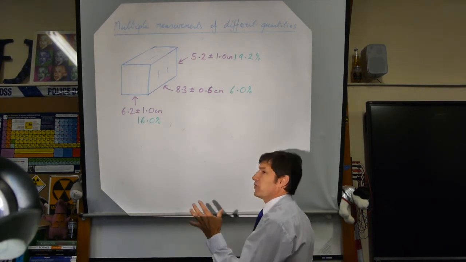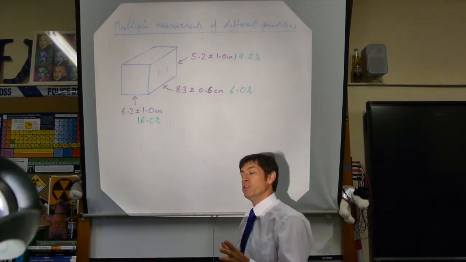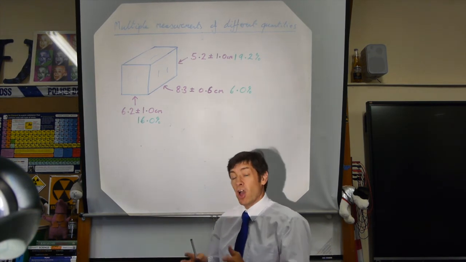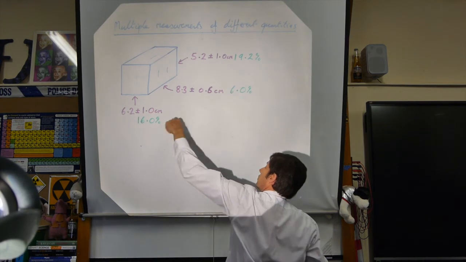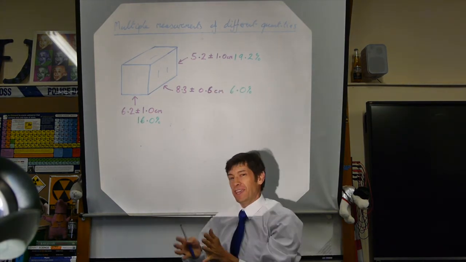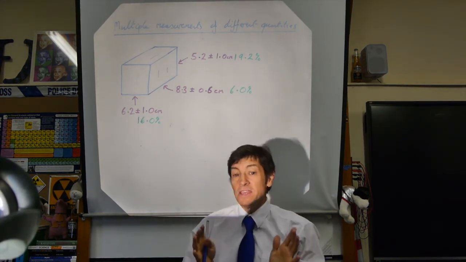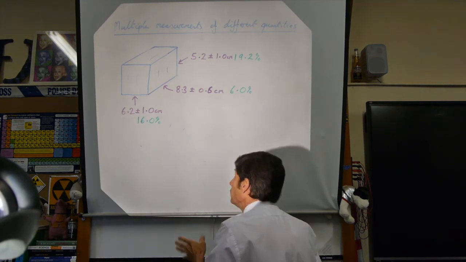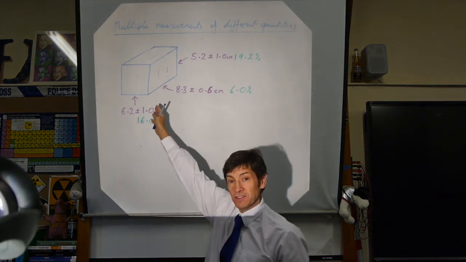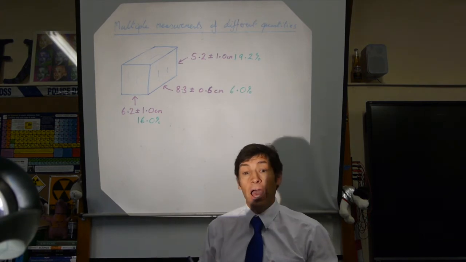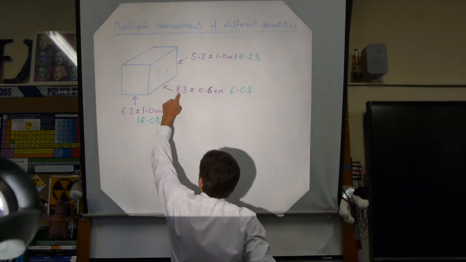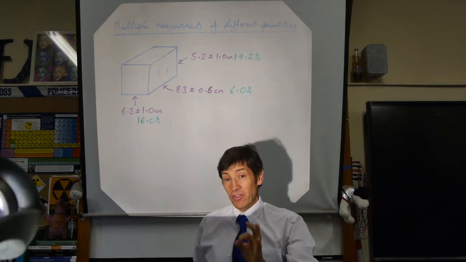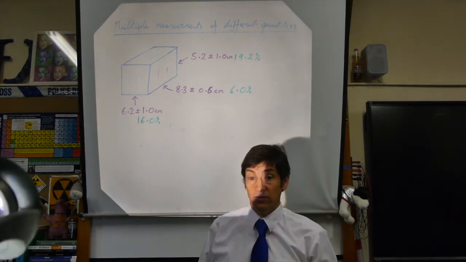So if you think about it, our volume is going to have a very large uncertainty because there are some unknowns in the actual values. So let's look at how we deal with that. How can we quote a volume of this with an uncertainty? Multiplying these numbers together will not give the exact correct volume.